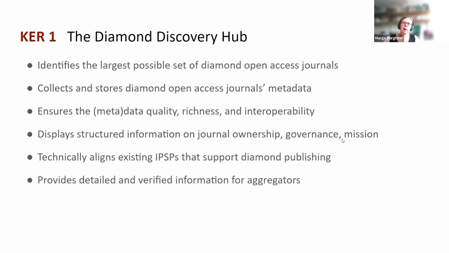If we can collect these data, then we want to have structured information on journal ownership, governance, and mission. It's not that you will see such a lengthy description, but a small metadata field on these aspects, because if we want to distinguish Diamond Open Access journals from non-Diamond Open Access journals, these are the aspects we anyway look into. And that is enough for this slide.